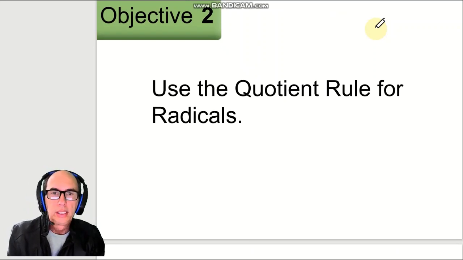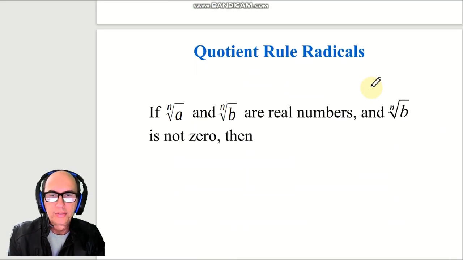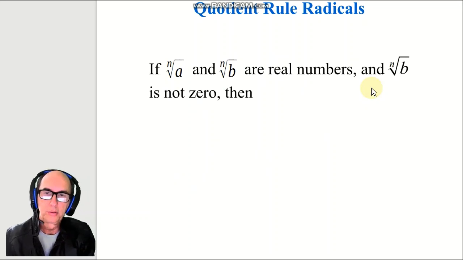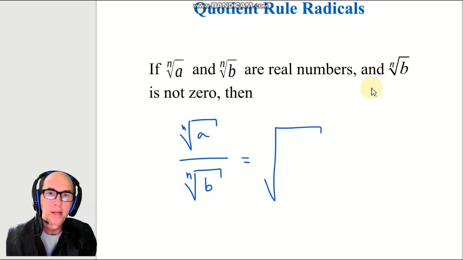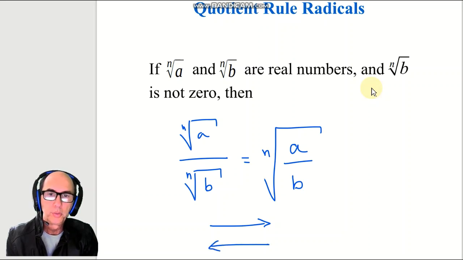We can use the quotient rule also to simplify radicals. It's very similar to the product rule. If you have the nth root of a over the nth root of b, you can write this quotient under the same nth root, a over b. And the same thing, sometimes you want to join together under the same root, sometimes you want to split.